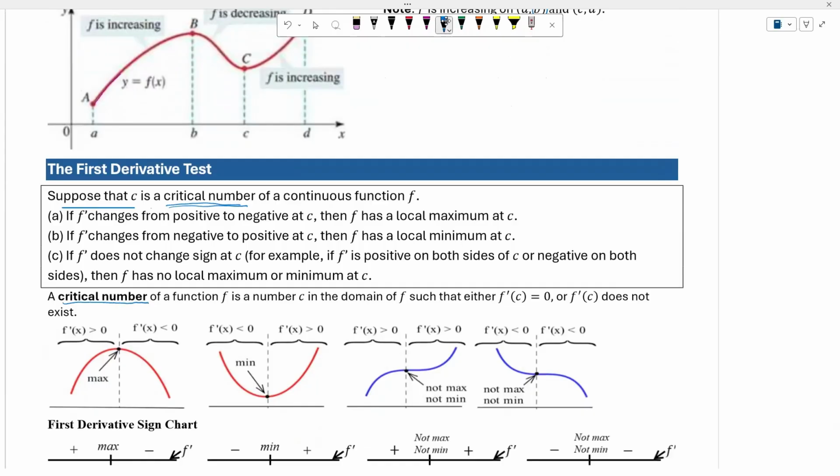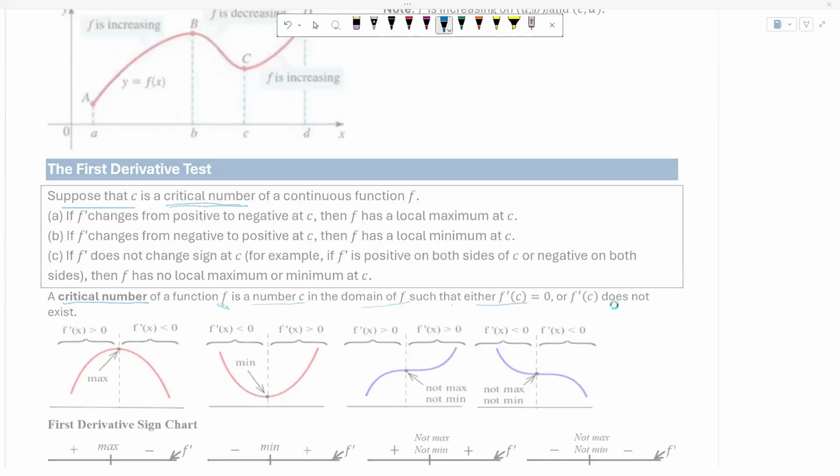A critical number of a function f is a number c in the domain of f such that f prime of c equal to 0 or f prime of c does not exist.